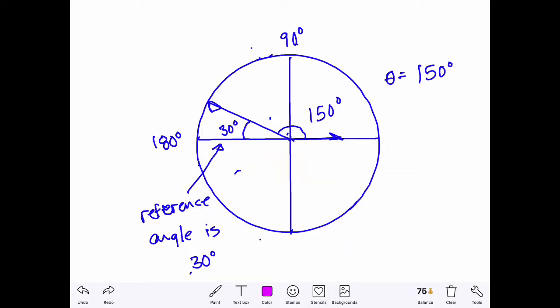Maybe 320 degrees. And this is sometimes referred to as theta prime. Okay, 320.